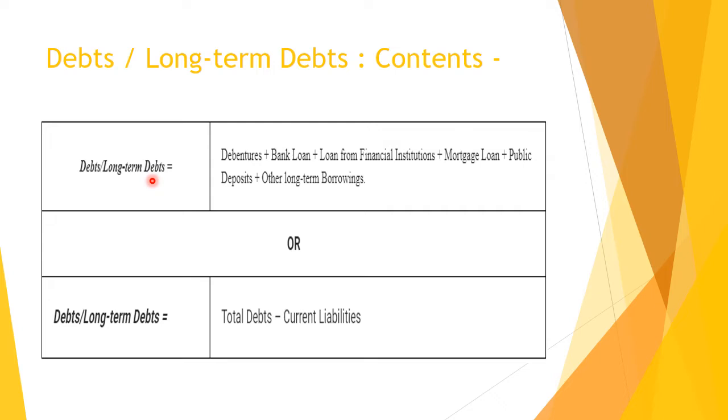The same thing it is: debentures plus bank loan plus loan from financial institutions plus mortgage loan plus public deposits and other long-term borrowings, or total debts minus current liabilities. Total debts given to you, from that current liabilities will be deducted and you will get non-current liabilities which are similar to debts or long-term debts. So these are the contents of debts.